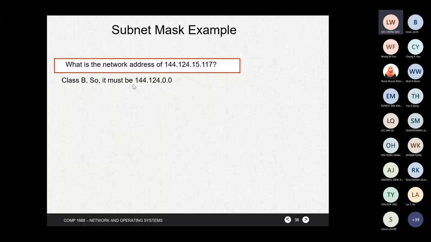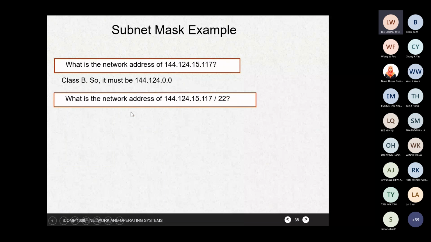If you follow that format, it should be 144.124.0.0. So what is the network address? This is how you calculate it: 144.124.15.117, class B. Remember, class B.